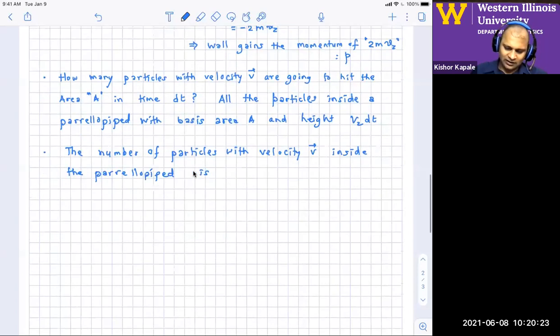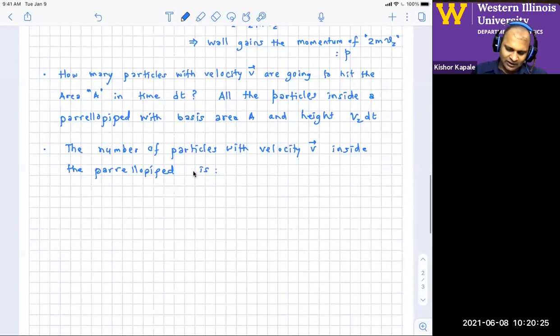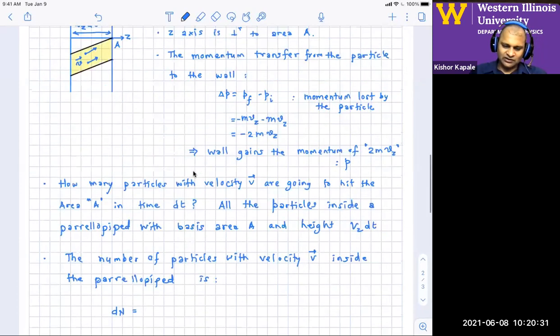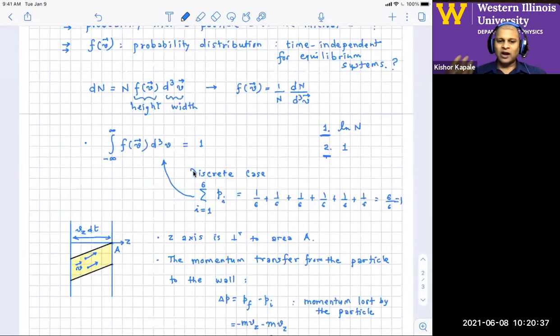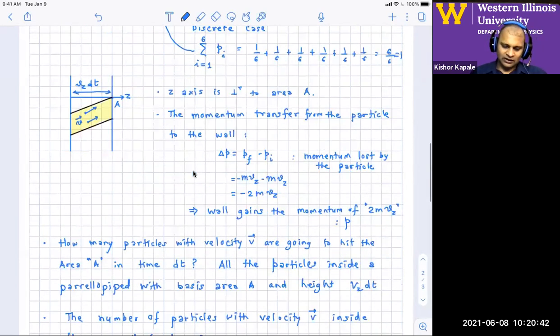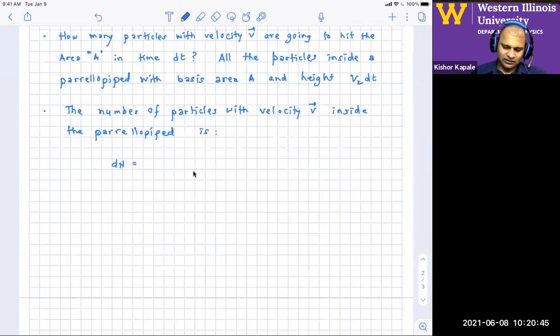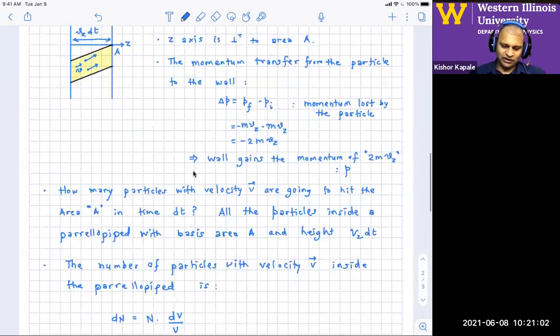So how do we calculate that, right? Let's call that number dn. It's going to be similar to the previous dn that we wrote down, n times f(v) times d^3v, but we don't want all of them. We want only the ones within that little volume, the volume of the parallelepiped, right? So it's going to be n times dV over V. V is the total volume of the container, but we don't care about the total volume. We only care about the shaded area volume, right? And of course, this is three-dimensional, so that's why there is volume, even though it looks like the area in the shaded diagram.